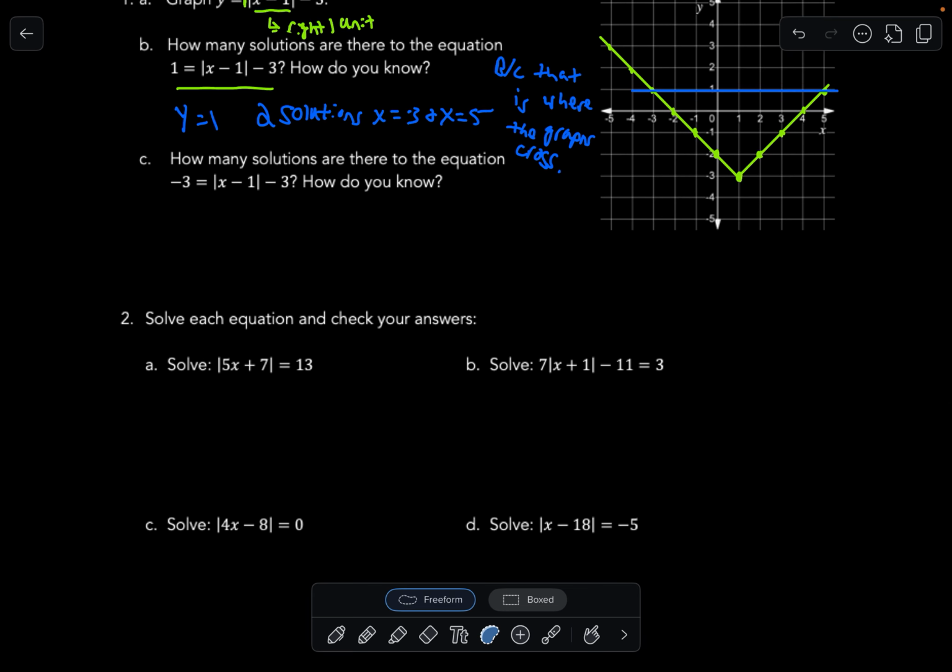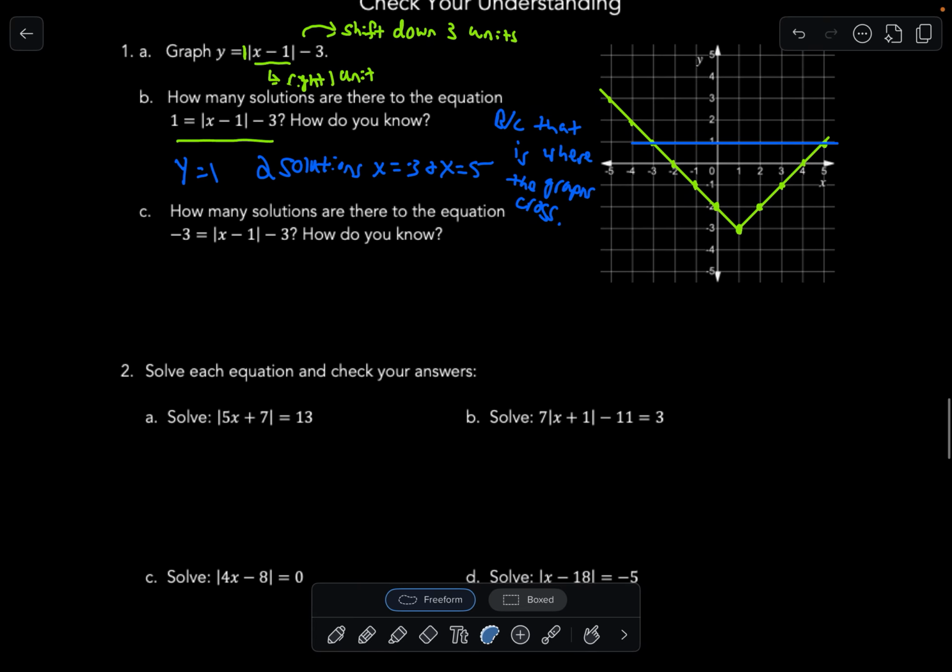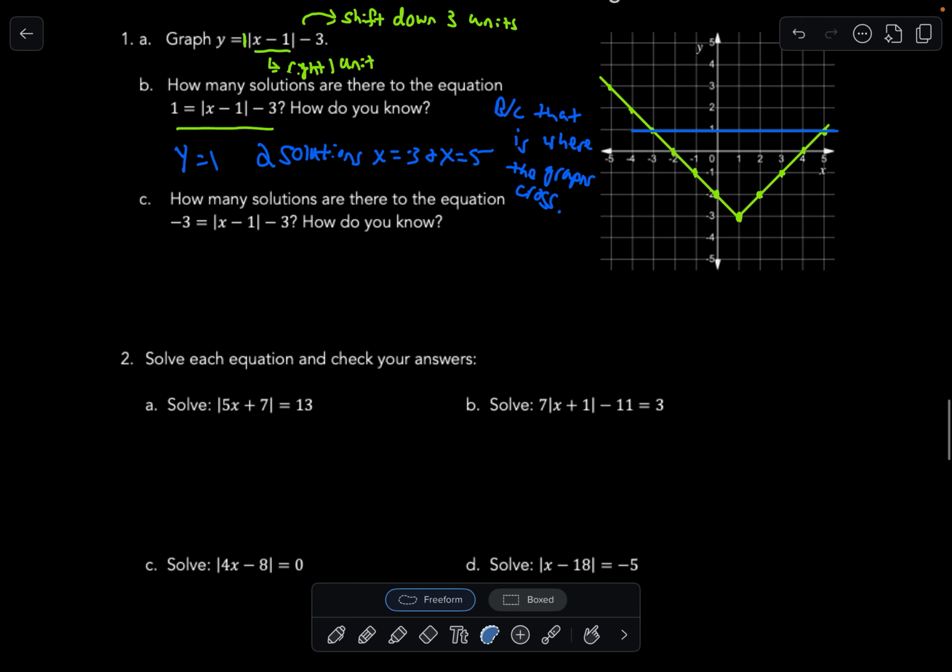Now, how many solutions are there to the equation negative 3 equals the absolute value of x minus 1 minus 3? How do you know? Well, if we look at the graph, I'm going to graph y equals negative 3.